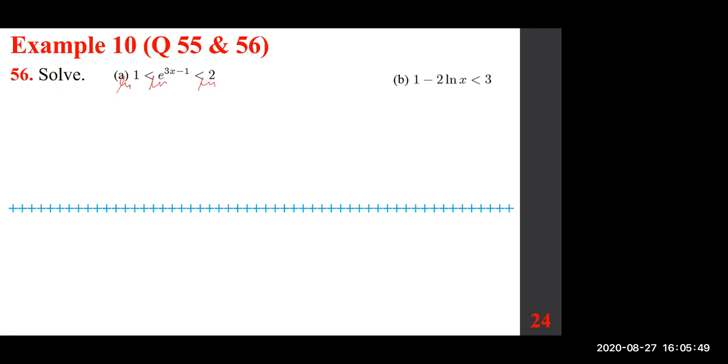So ln 1 and ln 2 are clear, and in the middle is 3x minus 1. And by the way, ln 1 is 0, okay? So we move the negative 1, that means we add 1, divide by 3, we're done. It's that simple, class.